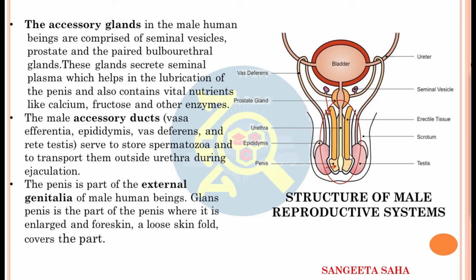Here the swollen tip is called the glans penis. And here there is a loose skin fold called foreskin or the prepuce. This part of the penis is highly sensitive.